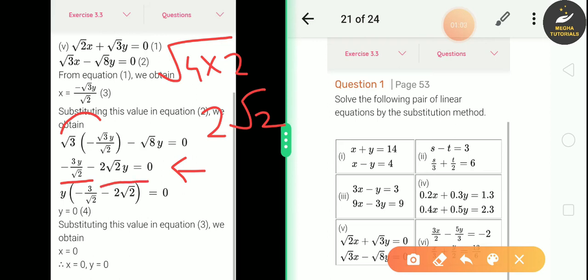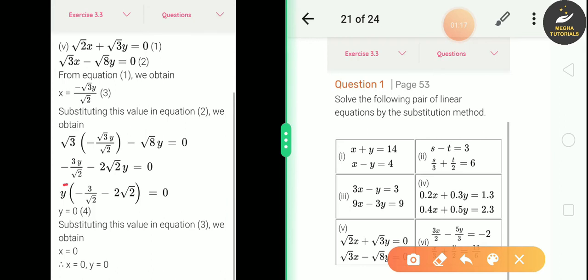So the complete step is minus 3y upon root 2 minus 2 root 2y is equal to 0. Then from these two terms we can take y common. So we'll get y in bracket minus 3 upon root 2 minus 2 root 2 is equal to 0. In the next step we can transpose this complete bracket to RHS side. So we will get 0 upon this bracket, and 0 upon anything is 0.